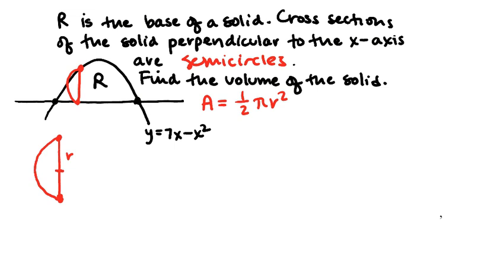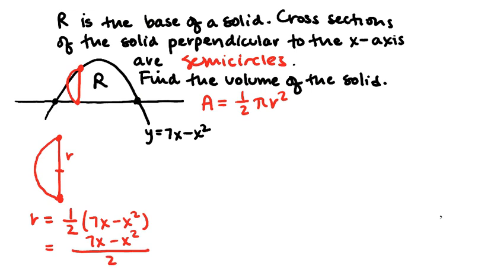So r is going to equal half of the height of the function. It's going to be half of top minus bottom, which is 7x minus x squared minus 0. And I find for these, especially when you're going to put them into the calculator, it's easiest to write this as 7x minus x squared divided by 2.